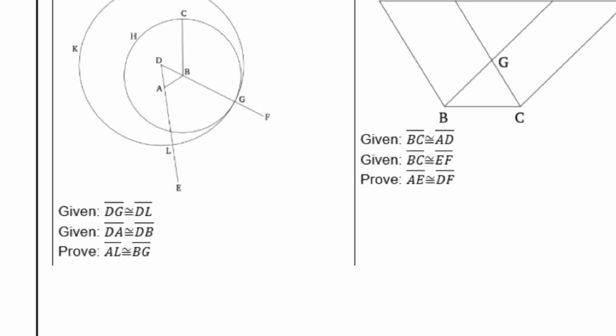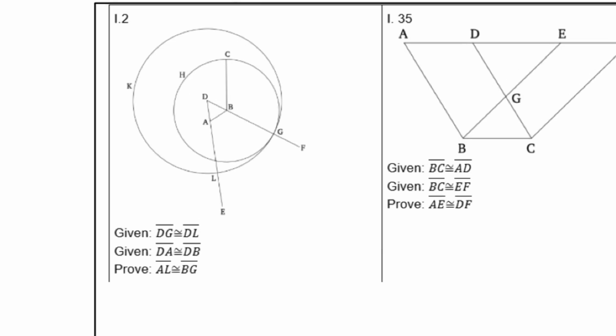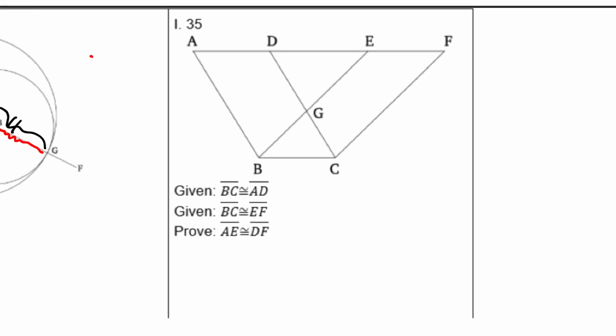And throughout Euclid's Elements, there are opportunities to see these things happening. In this one, we're given this is congruent to that, and the entire line segment is congruent to the entire line segment. So we will eventually be able to conclude that this piece here is congruent to that piece by subtraction. In this one, we're given that BC is congruent to AD, and BC is also congruent to EF.